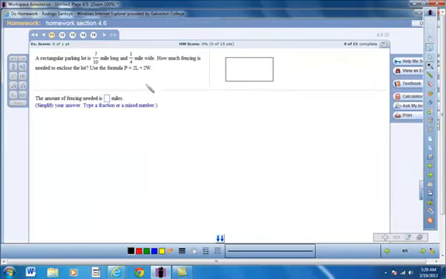This next one, a nice problem. It says a rectangle 7/10 miles long, 1/4 mile wide. How much fencing is needed? And they tell us to use this formula. We've seen this formula before in chapter 2. P equals 2L plus 2W. We're finding the perimeter.